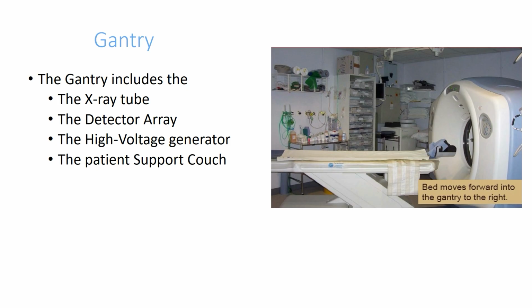First is the gantry. The gantry includes the X-ray tube, the detector array, the high voltage generator and the patient support couch. In this image you can see a big structure having a round opening. This is the gantry.